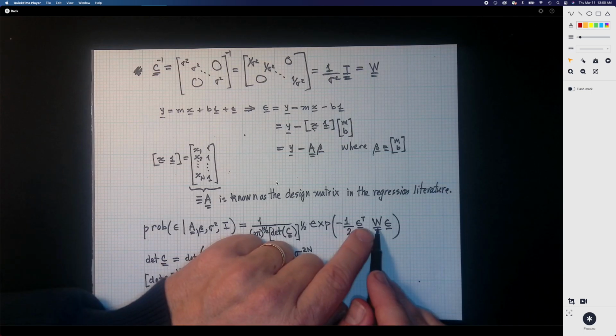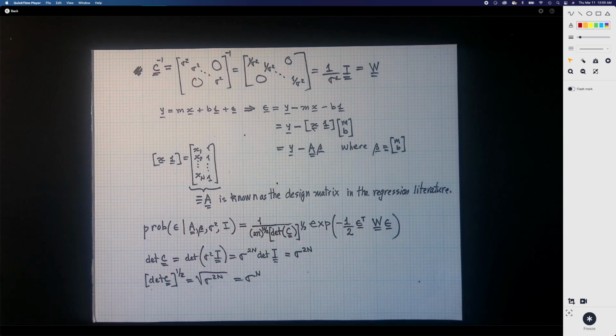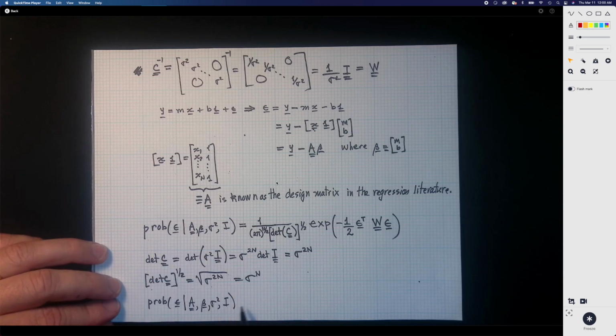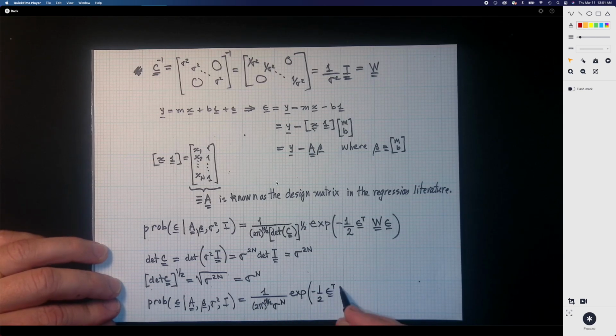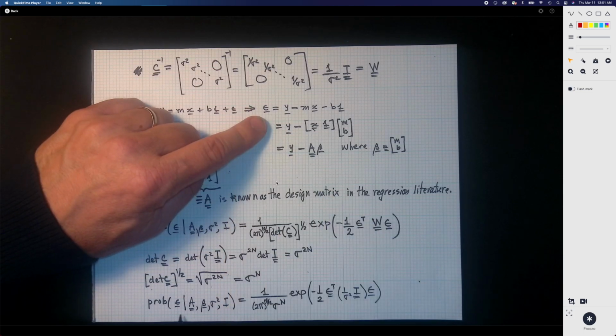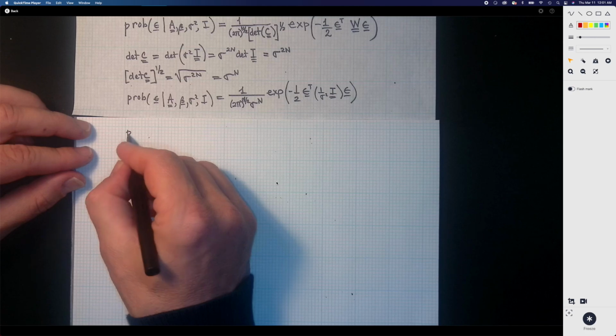And over here we can also substitute in the fact that W is 1 over sigma squared times I, to confirm that in the end this is the same thing we had before. But what we're going to do now is substitute in, where we see epsilons in this expression, y minus A beta.